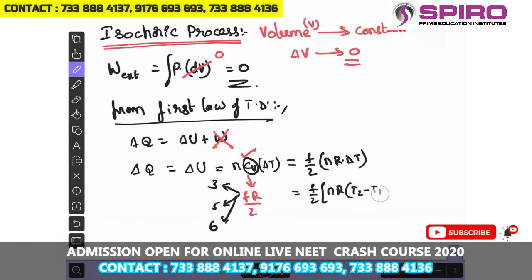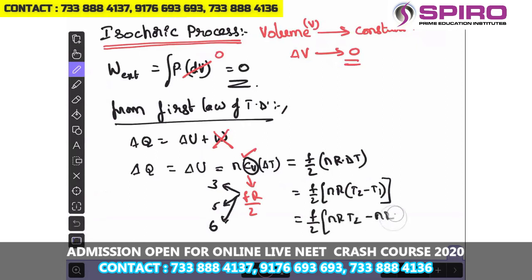Now this can be written as F by 2 into (nRT2 minus nRT1).